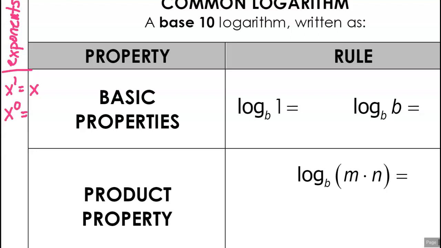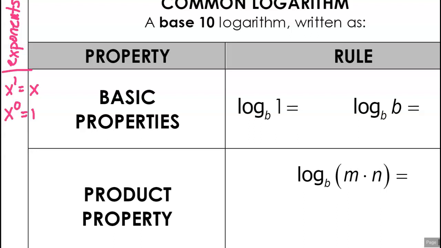If you raise anything to the power of 0, what is it equal to? It's always 1. Always. If you raise 2 to the power of 0, it equals 1. If you raise 100 to the power of 0, it equals 1.